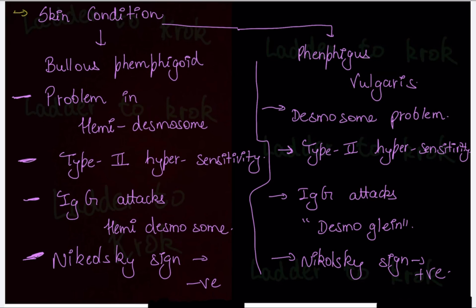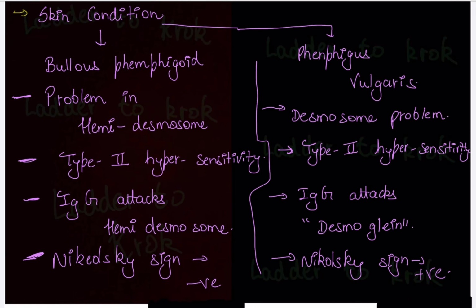What is this Nikolsky sign? If you rub the skin of that person, the topmost skin slips away. If the skin slips away from lower layers to the upper layer, then the sign is positive.